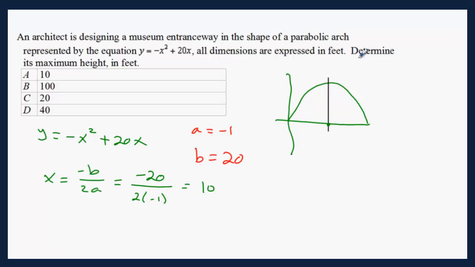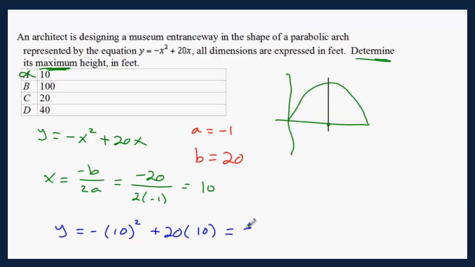You're looking to determine the maximum height. We got the axis of symmetry is 10, but that's not the right choice. You take this 10 and substitute it in this equation, which is y equals negative 10 to the power of 2 plus 20 times x, which is 10.